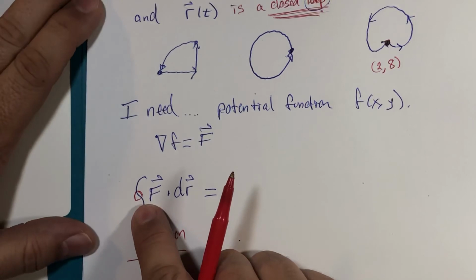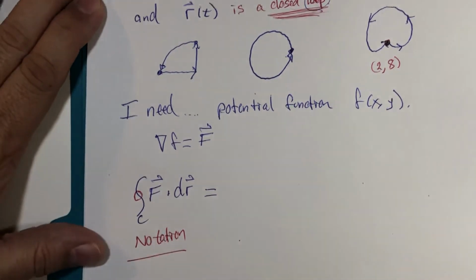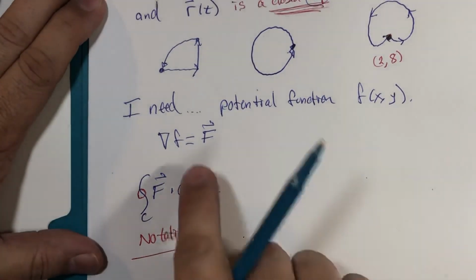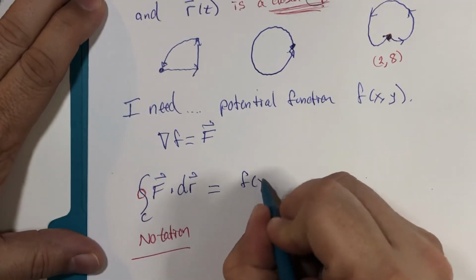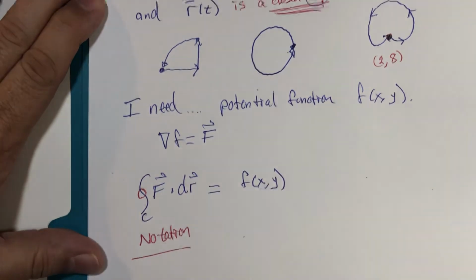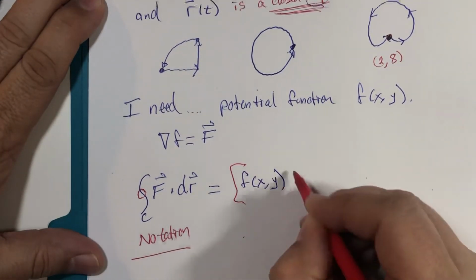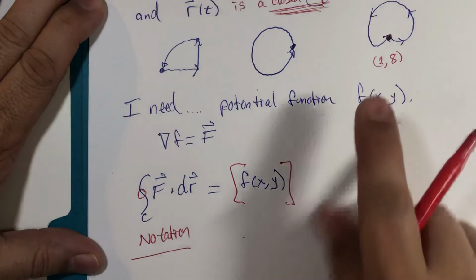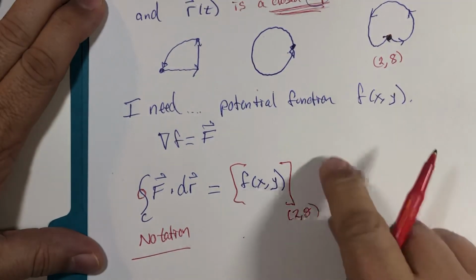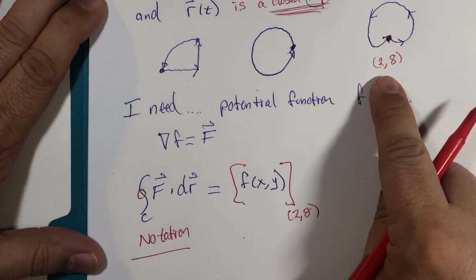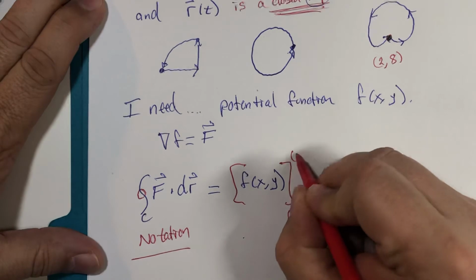They're saying, nope, it's a closed loop or a circuit. The fundamental theorem says, since this is a conservative vector field, all you need is the potential function. And then we're going to evaluate it from the starting point to the ending point. Well, wait a second. The ending point is the starting point.